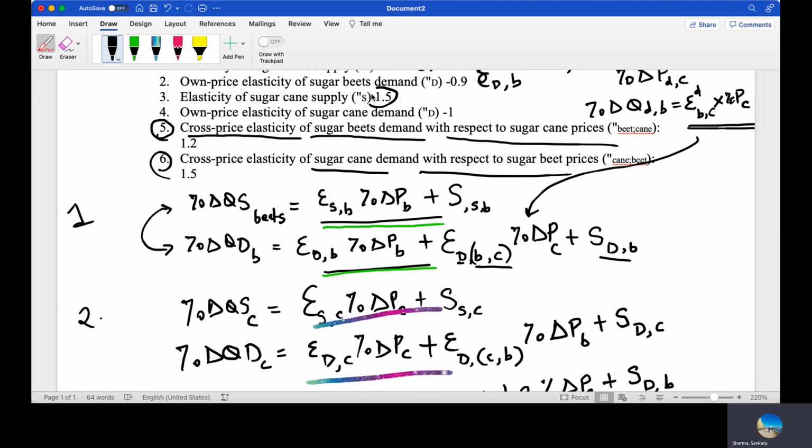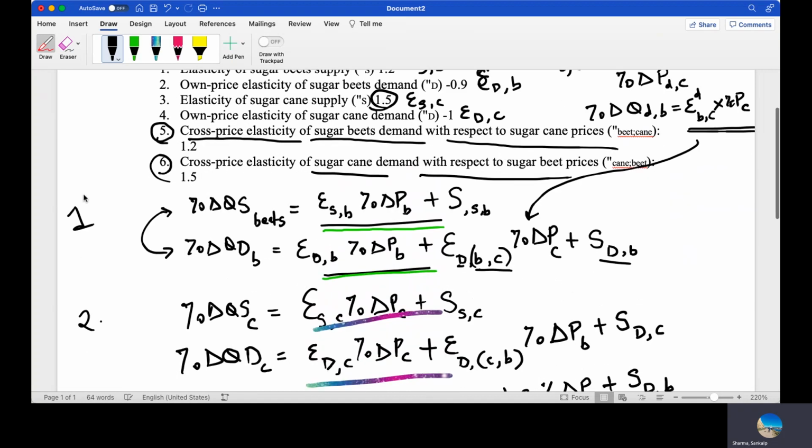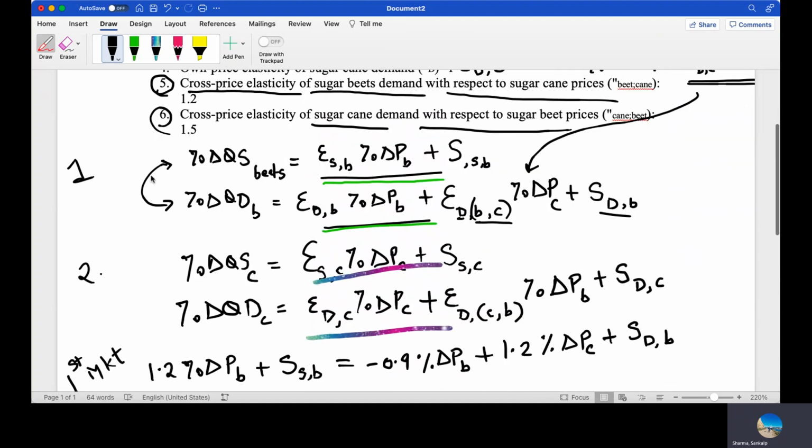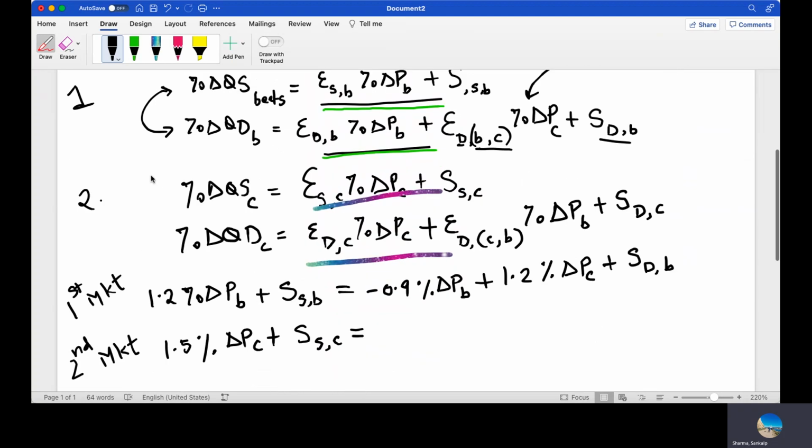So again, let me label that for you as well. The elasticity of supply for cane was that. This is the elasticity of demand for cane. And then, of course, 0.6 was that cross price term. So 1.5 and then -1.